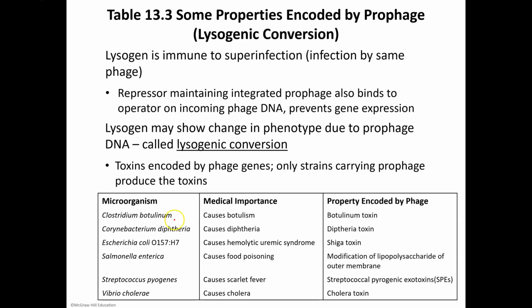So Clostridium botulinum in and of itself doesn't cause any disease. But when lysogenic conversion occurs, then it produces a botulinum toxin only with that phage inside of it that causes botulism. And all of these are other examples of bacteria that have a prophage inside their own cell that causes them to become pathogenic.